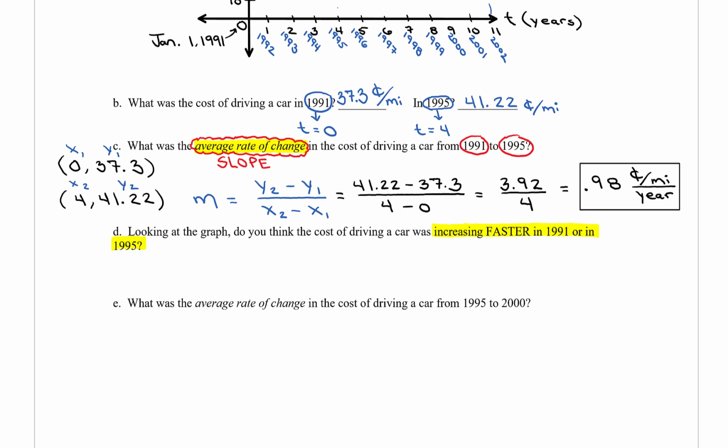I know it is difficult to tell with certainty by just looking at the graph, and that is why later on we are going to be learning other methods that are going to be able to tell us the rate of change in that exact instant. But for now, we're just going to look at the graph and see where the graph is steeper. So we're going to write down for D: the cost of driving a car was increasing faster in 1995.